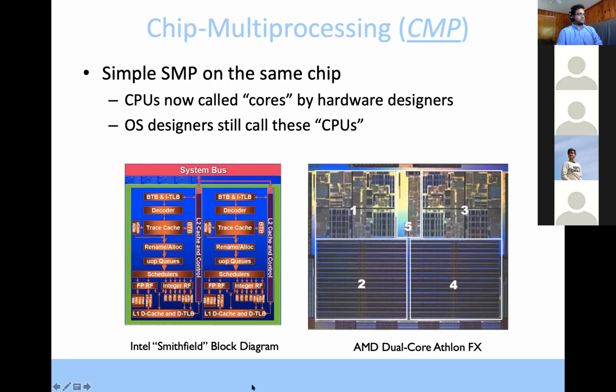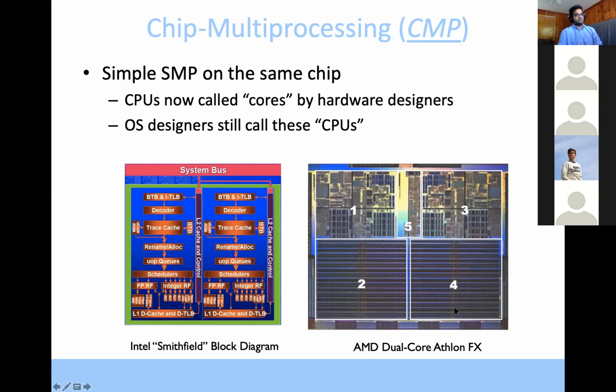So yeah, here's a block diagram for one of these. You have one core here, one core here. They're really just identical, and they have their own L2 caches and controllers and all of that, and then they share a common system bus, and they talk to the rest of the memory and other devices over a common bus, right?